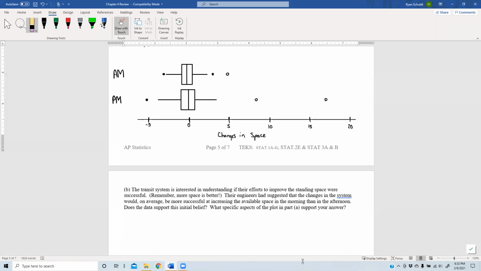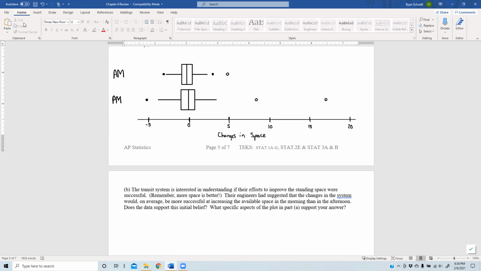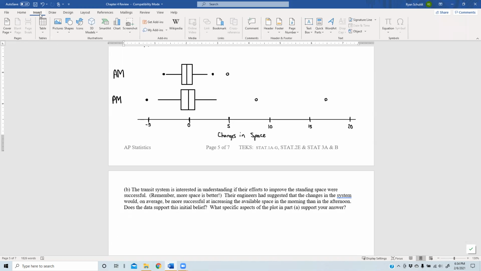Let's look at our plot in part A. Okay, let's see here.